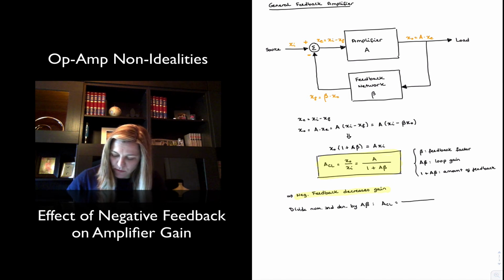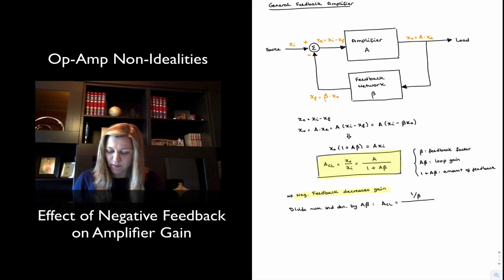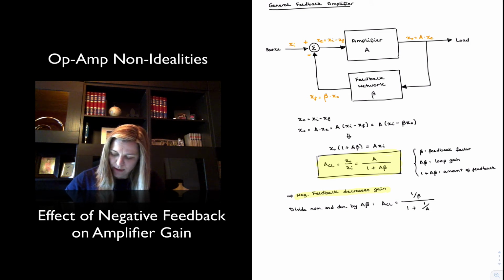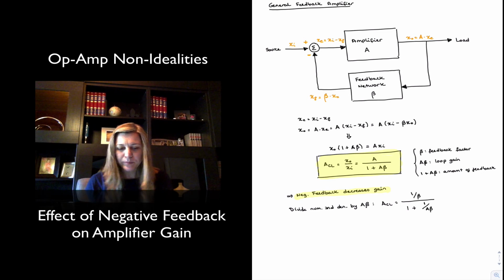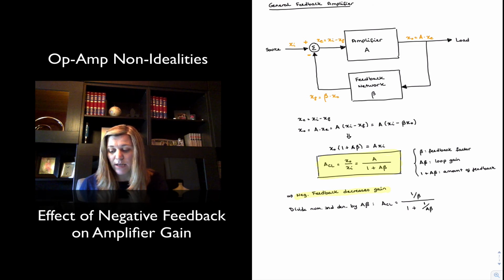ACL is equal to 1 divided by beta, after I divide the numerator by A times beta, and all that divided by 1 plus 1 over A times beta. And now we can see that if A times beta, the loop gain, is a large number, much larger than 1, then the denominator is going to be approximately equal to 1, which means that the overall closed loop gain will be approximately equal to 1 over beta.